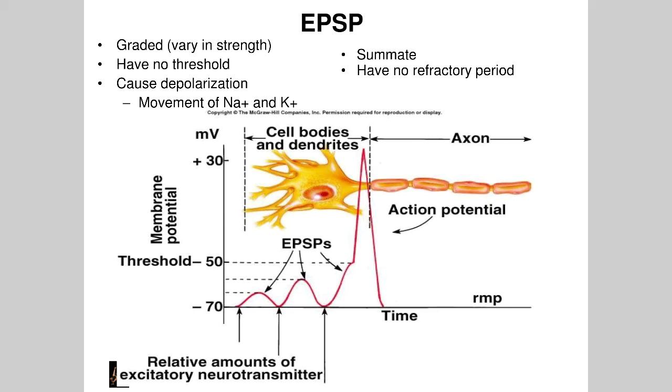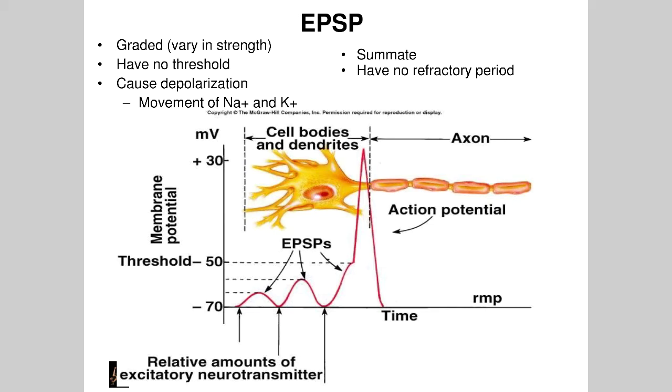Graded potentials themselves don't have a threshold. But if they can accumulate enough, then they can cause the membrane to reach threshold. It's the action potential that has the threshold, and if it reaches that, it'll run. Graded potentials just mean you're changing the potential of an area of the membrane. It can either be strong or it can be weak.